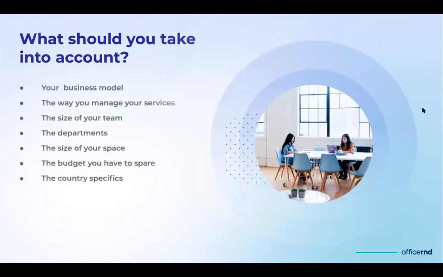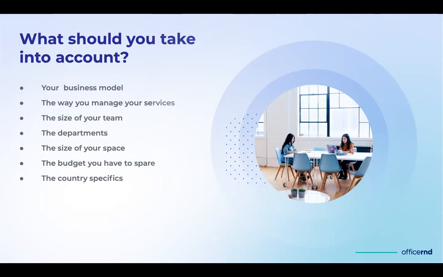And when you make your decision to implement new tools for digitalization or automation, there are a couple of things that you should take into account. First of all, it's your business model, how you work, and how you manage your services, so that you can decide what exactly you want to automate or digitalize. The other part is the size of your team and the departments and the capacity that your team has.